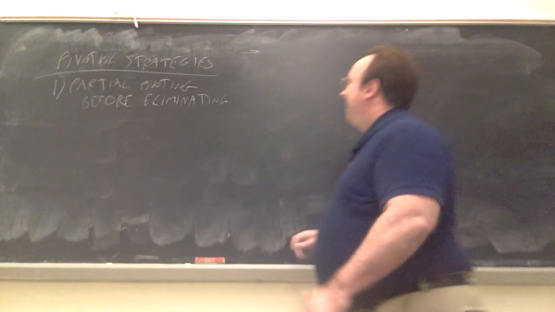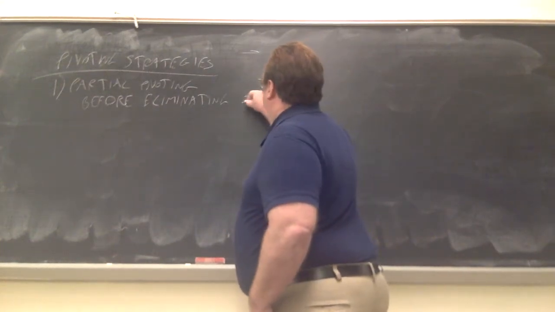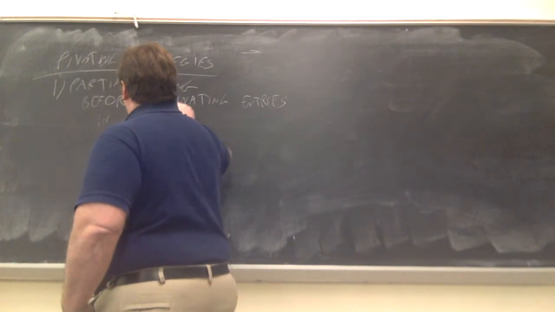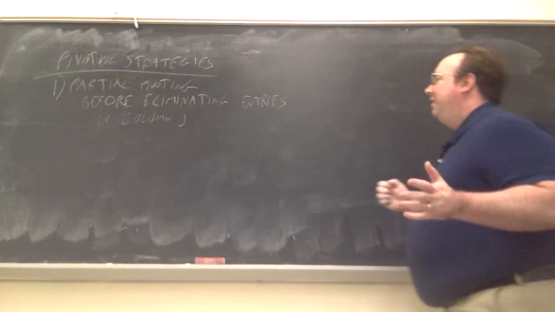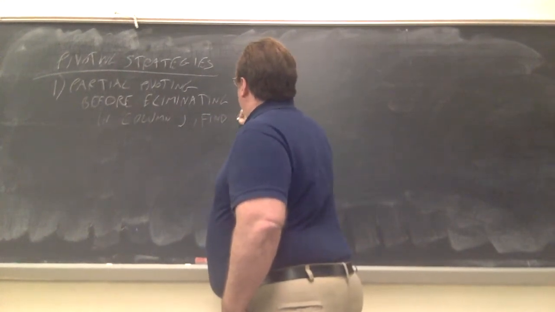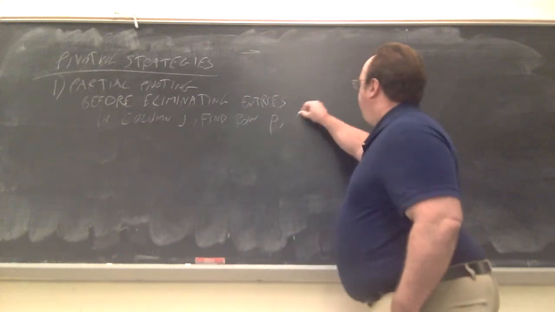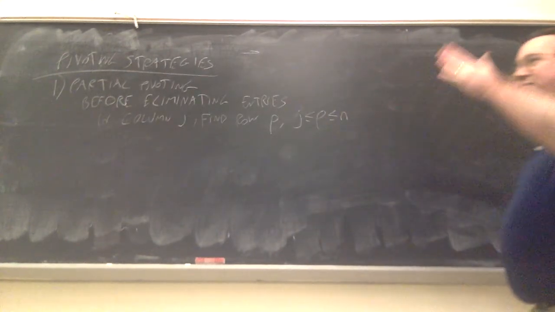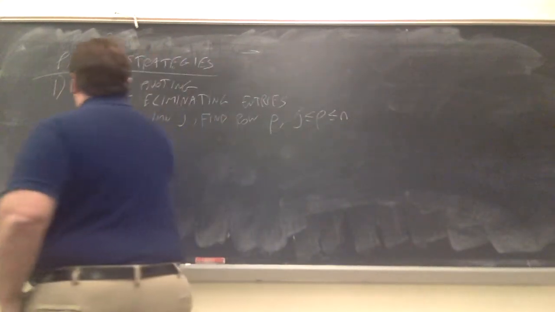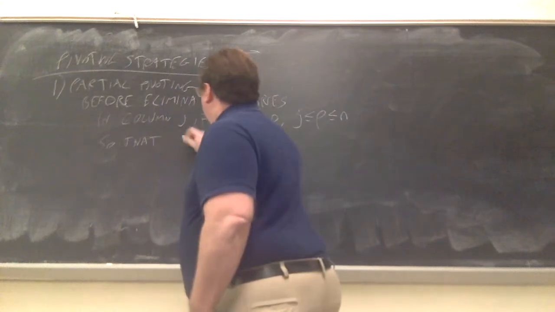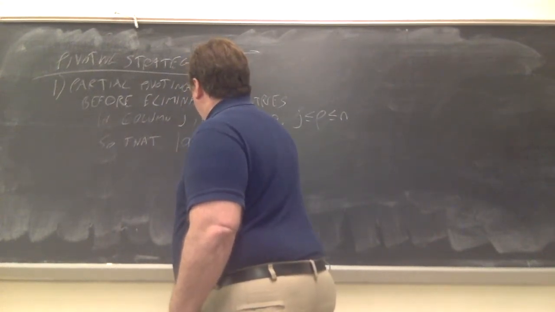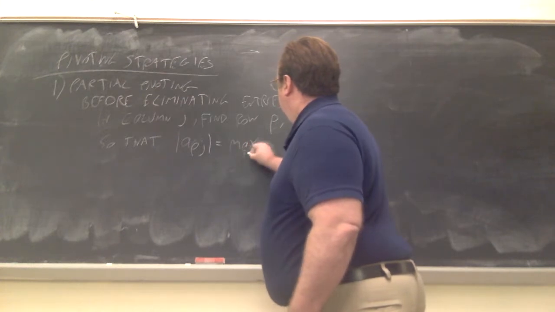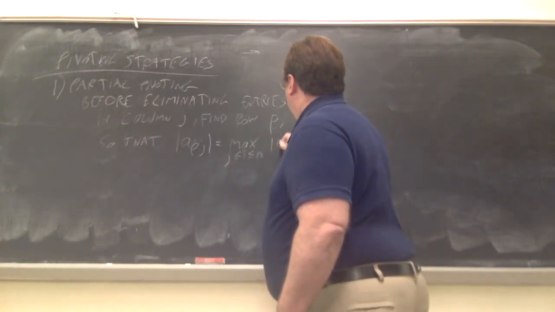So, never mind. Okay. Before eliminating entries in column J, in other words, you're about to start doing that, you want to find a row P, where P is between J and N. So you're going to start from the diagonal and search all the way to the bottom, so that the entry in row P, column J, in absolute value is equal to the maximum of all of those entries.